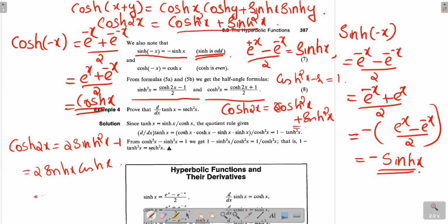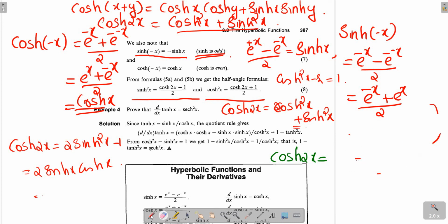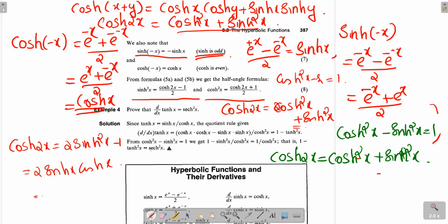So you will get cosh 2x is equal to cosh square x plus sinh square x. We know that cosh square x minus sinh square x is equal to 1. So I'm replacing cosh square x by 1 plus sinh square x.